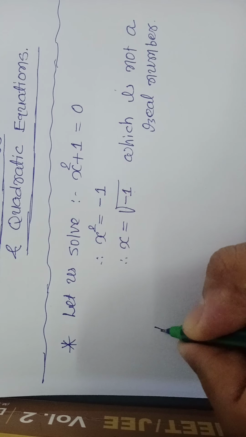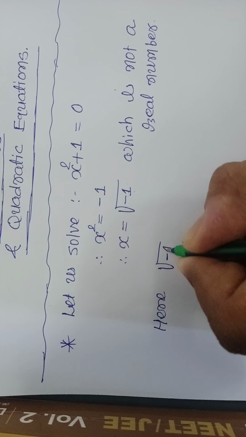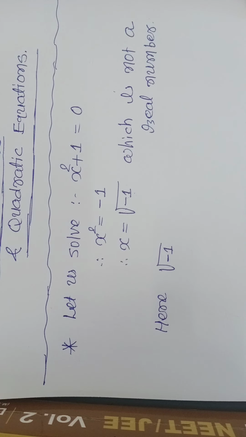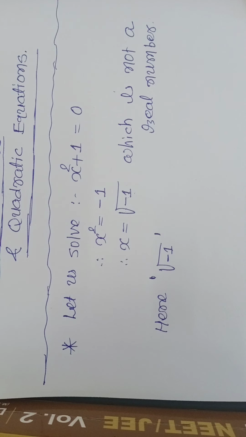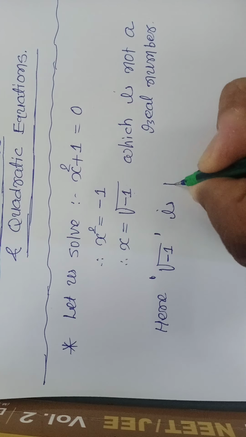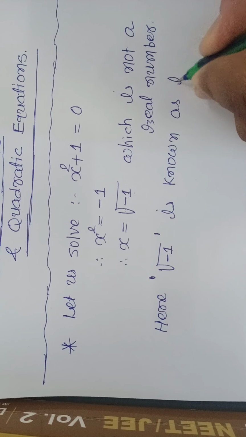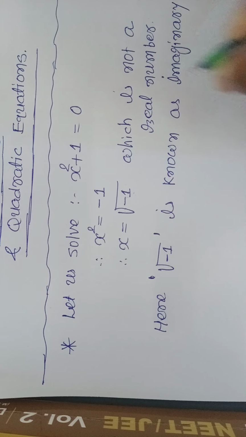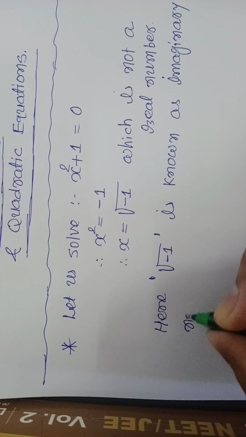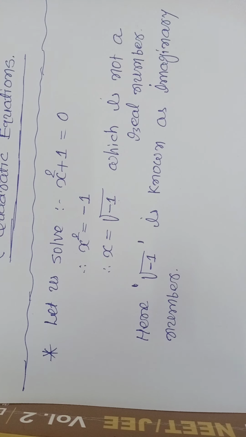Remember that this specific number, square root minus 1, is known as an imaginary number. It means we have to imagine this number. So this kind of imaginary number, now let us learn.